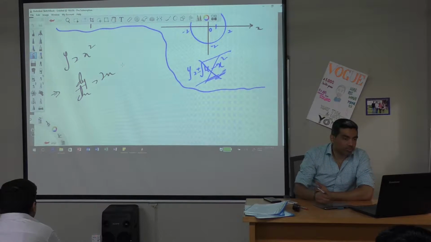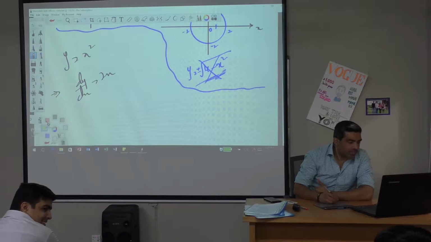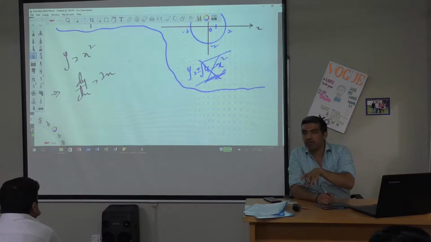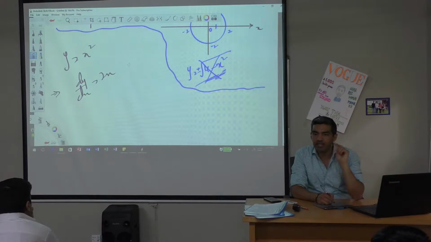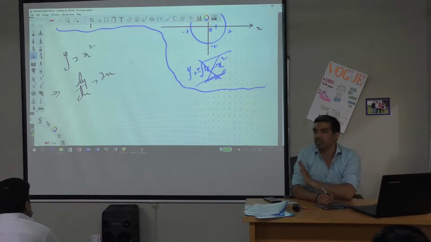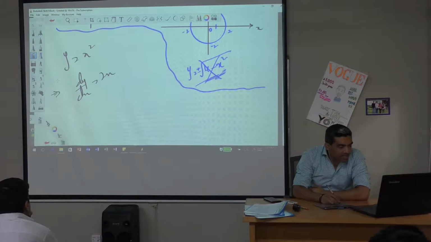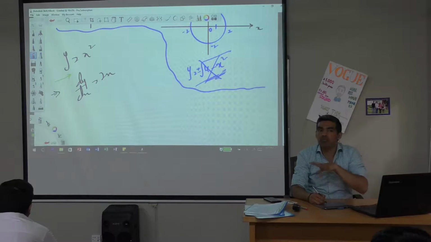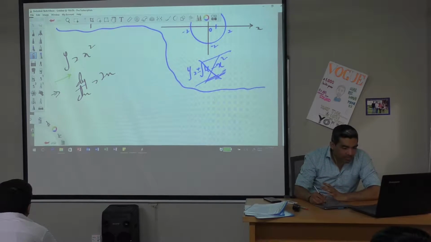What I need to make you conscious of right now, before we move on, is that unless you are conscious of that, you cannot do implicit differentiation. There is an intermediate step that we all take for granted and don't write. It is exactly the kind of thing that we take for granted in math when we're doing something like this.